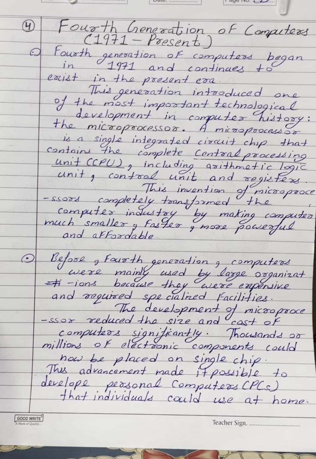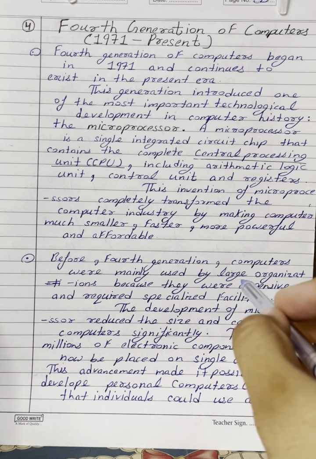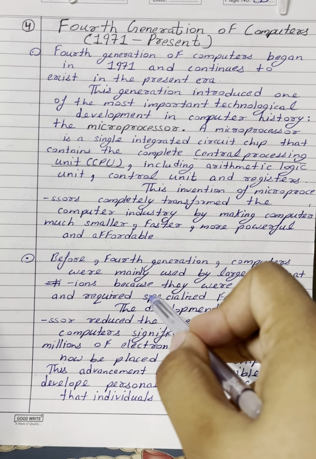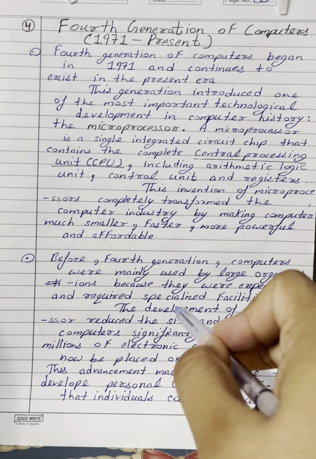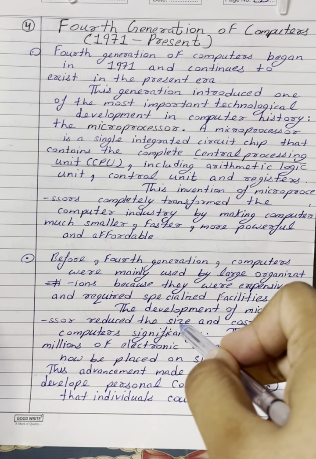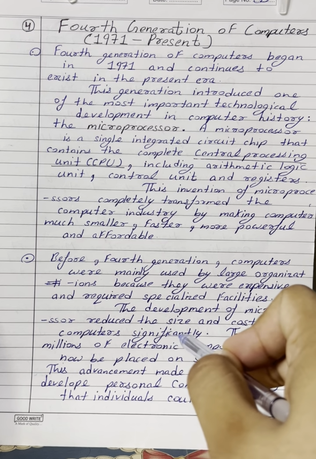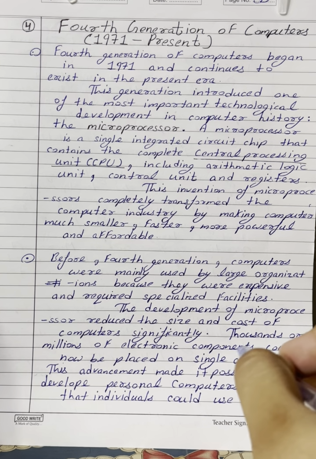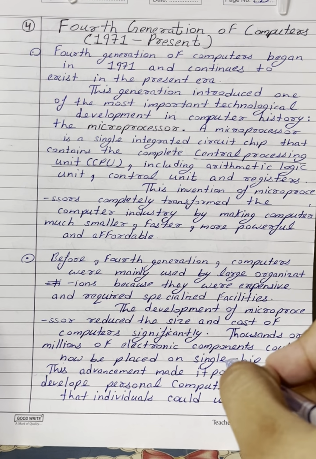Before the fourth generation, computers were mainly used by large organizations, remember, because they were expensive and required specialized facilities. The development of the microprocessor reduced the size and cost of computers significantly. Thousands or millions of electronic components could now be placed on a single chip.